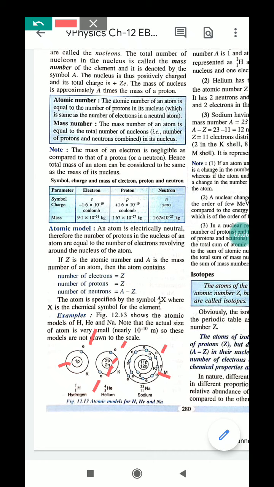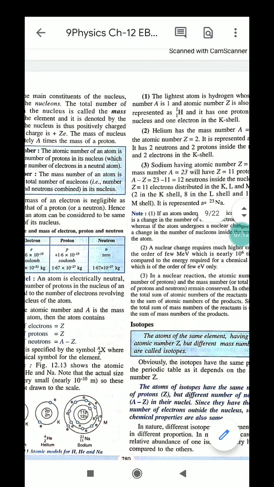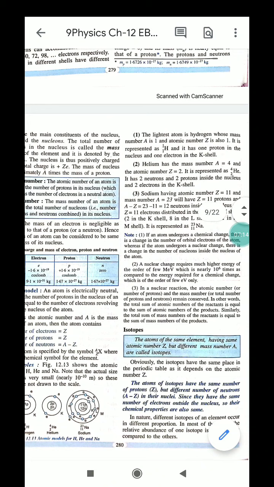That means a valence electron is there. The lightest atom is hydrogen, whose mass number A is 1 and atomic number Z is also 1. It is represented as H with 1 and 1. It has a proton in the nucleus, and helium and sodium are similarly there.